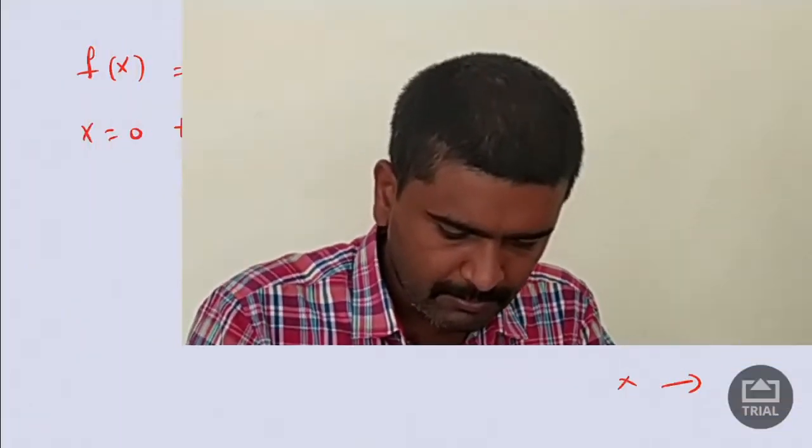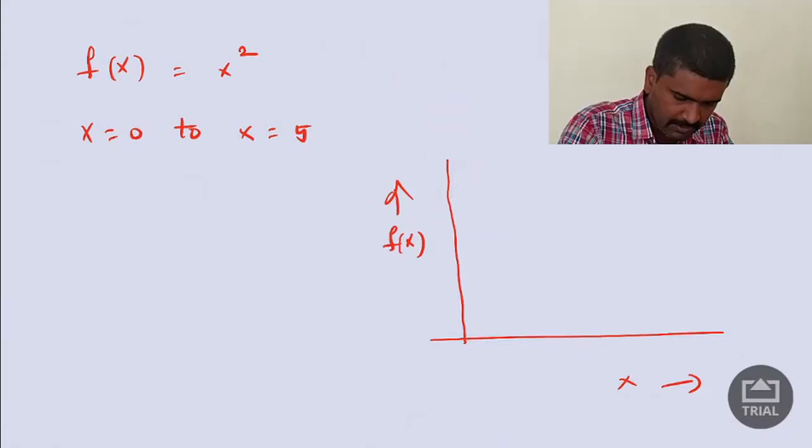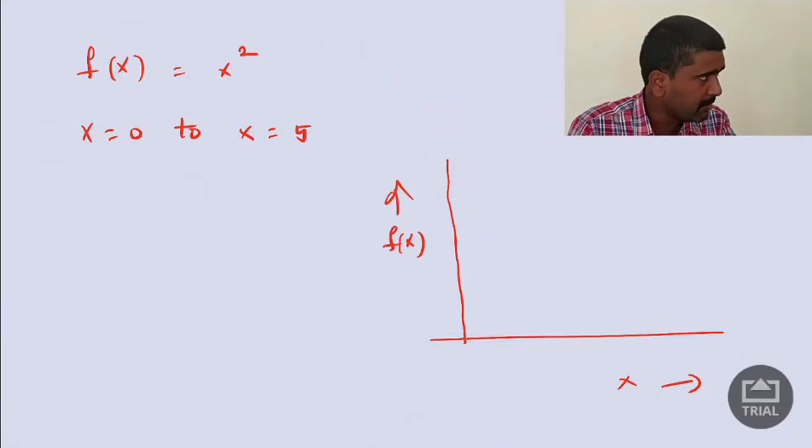Now, let us see first how the function looks. This is your x and this is your y, or f of x. As you change x, f of x goes like this.